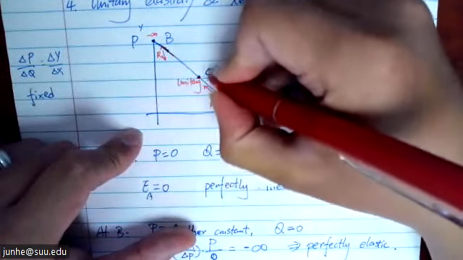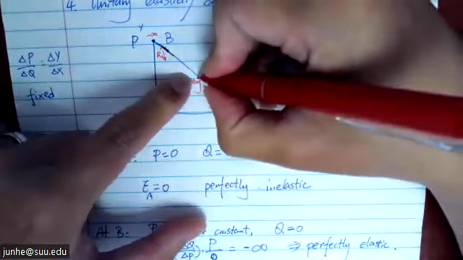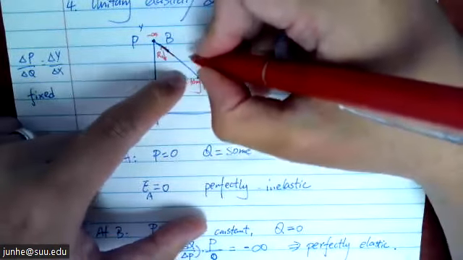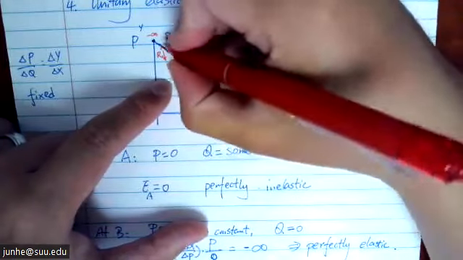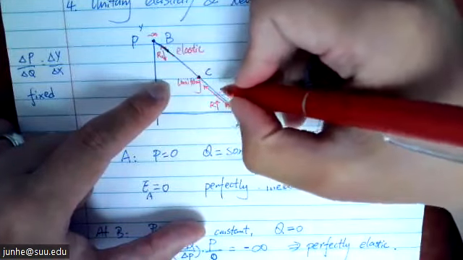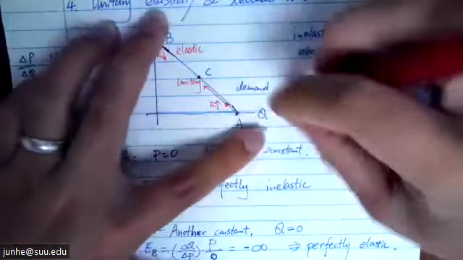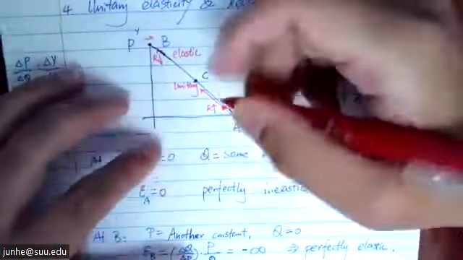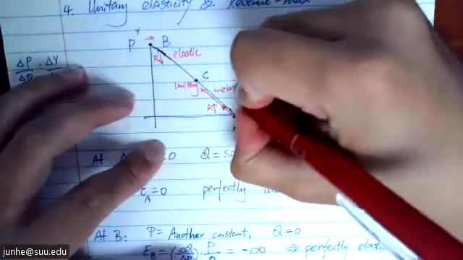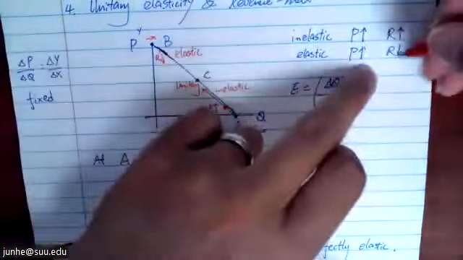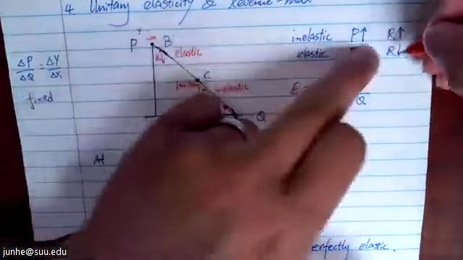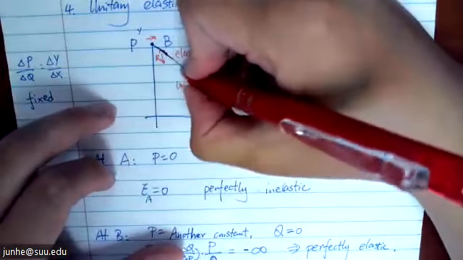Your revenue should increase all the way. Then from C to B, your consumers are more elastic now. As the price increases, revenue decreases.